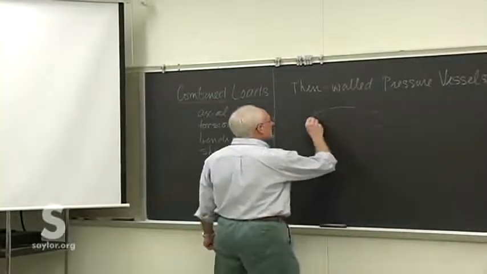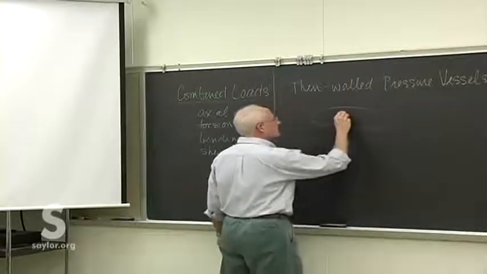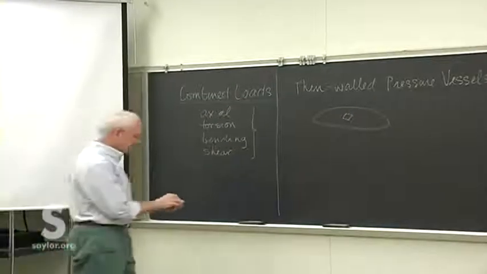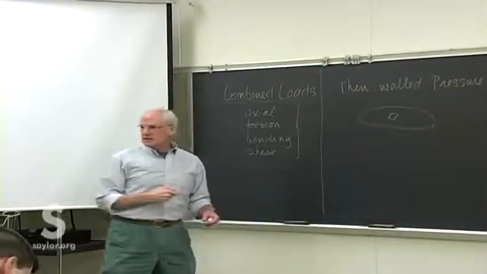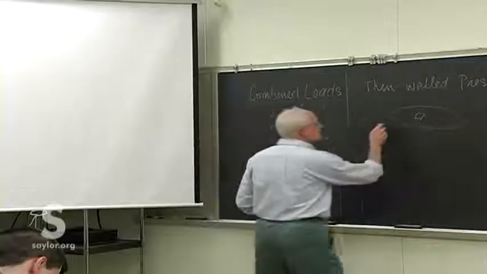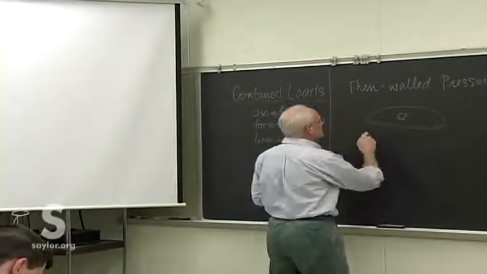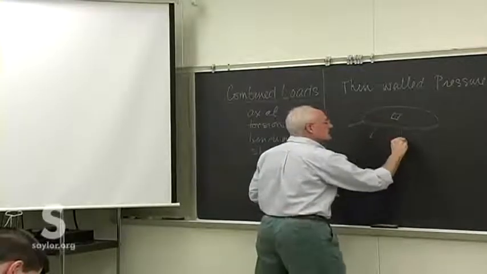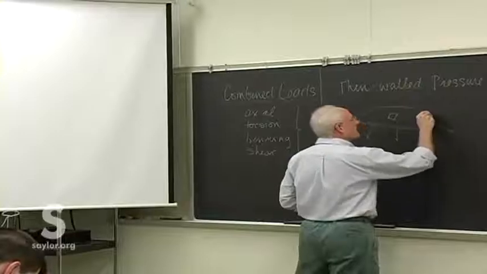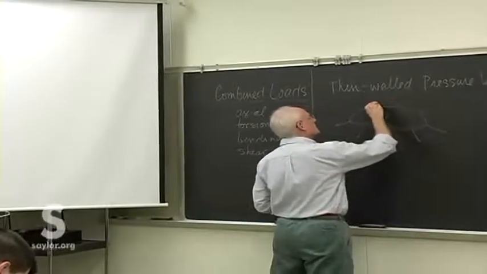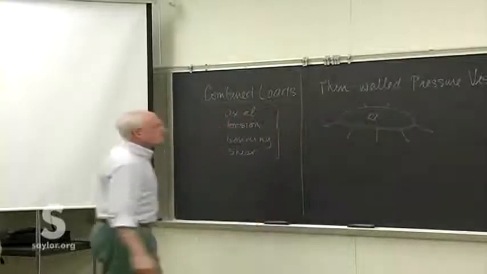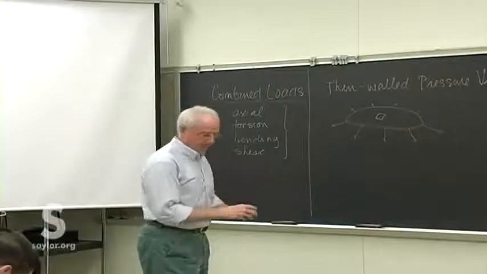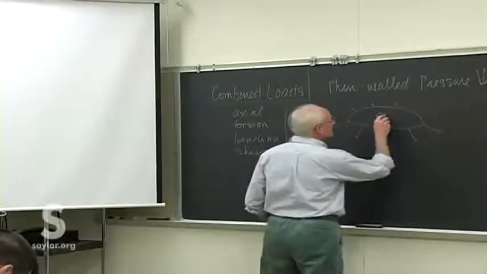So we'll take a look at a spherical cap just to get the picture going. So there's some elemental piece in this. And we're assuming that these are all high pressure vessels on the inside. So this is like a spherical tank, and what that high pressure on the inside causes is tension in all directions in the material that makes up the pressure vessel itself.